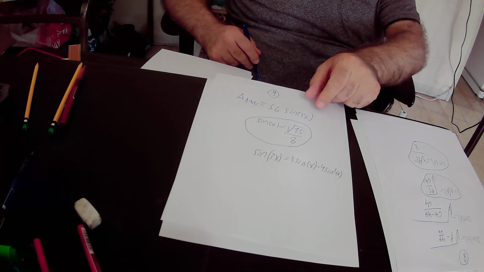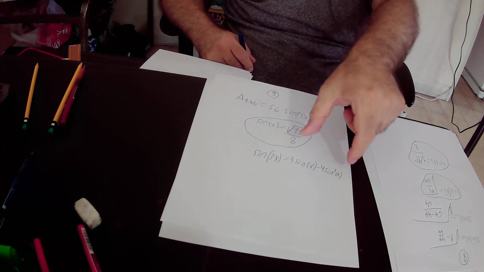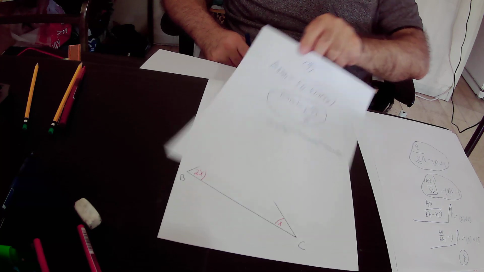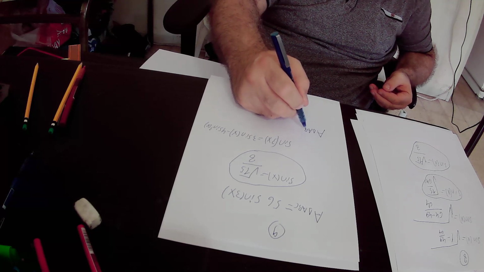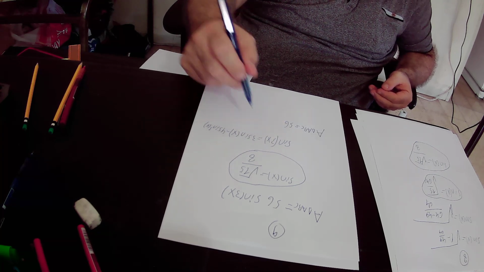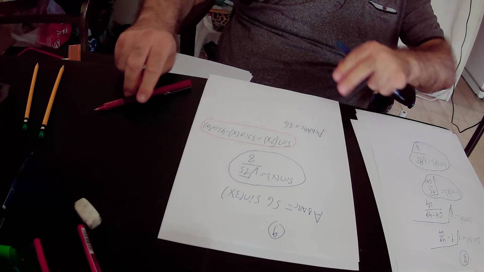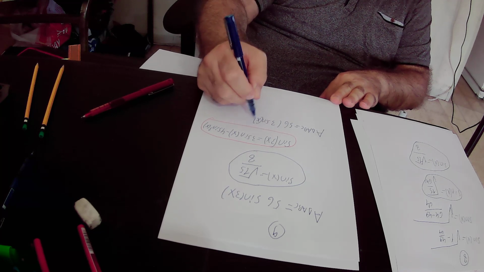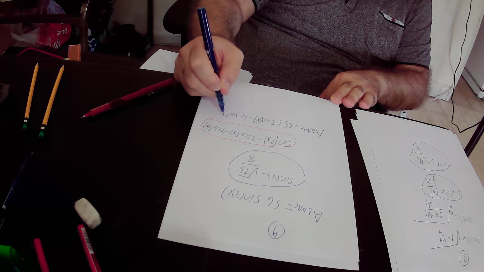So we can substitute sine 3x in this equality by 3 sine x minus 4 sine cube x, and we will get that the area of triangle ABC will be equal to 56 times sine 3x, and sine 3x equals 3 sine x minus 4 sine cube x.